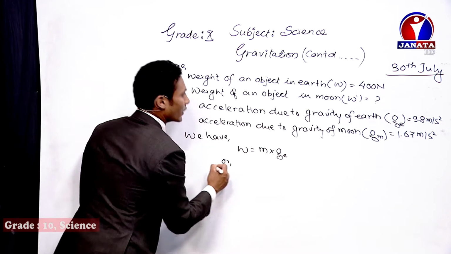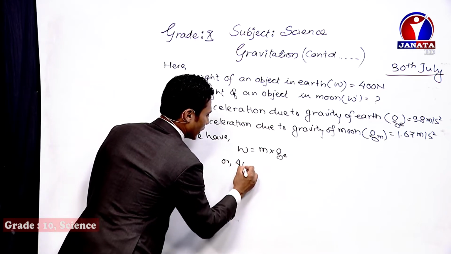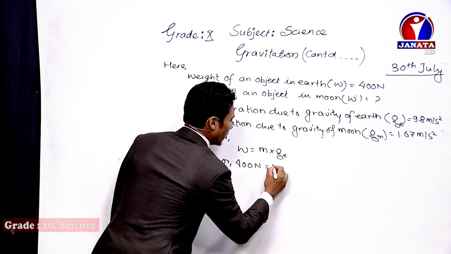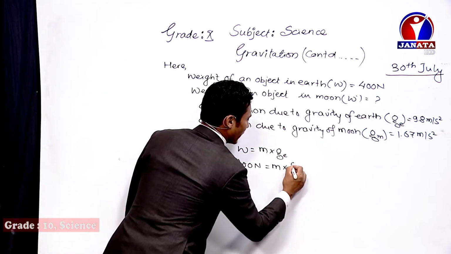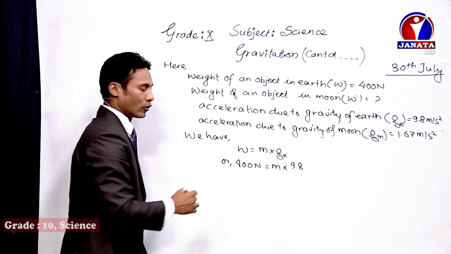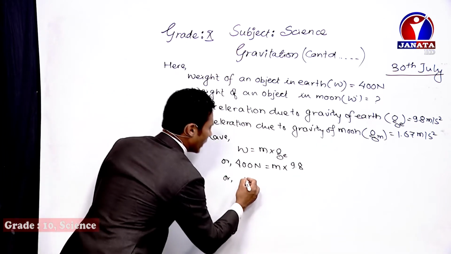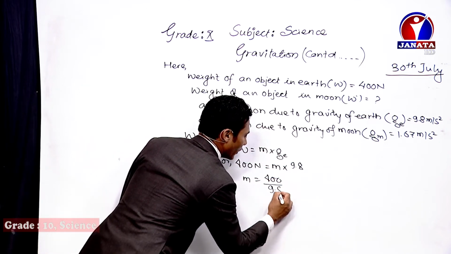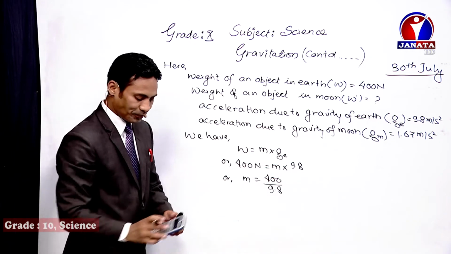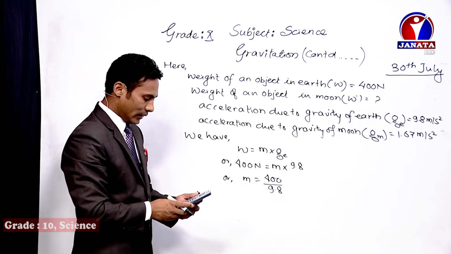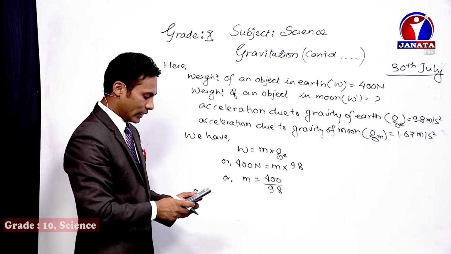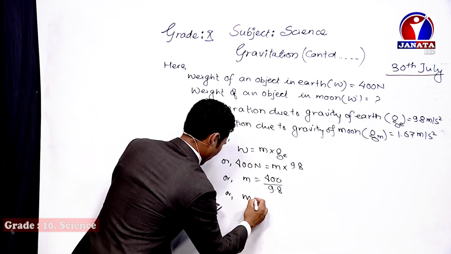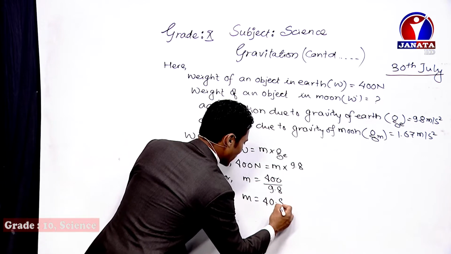Weight is given over there. Weight is 400 Newton equals mass, which we need to calculate, so M, and g is 9.8. Let's simplify this: M equals 400 divided by 9.8. Let's calculate this. 400 divided by 9.8, and the answer is M equals 40.81.